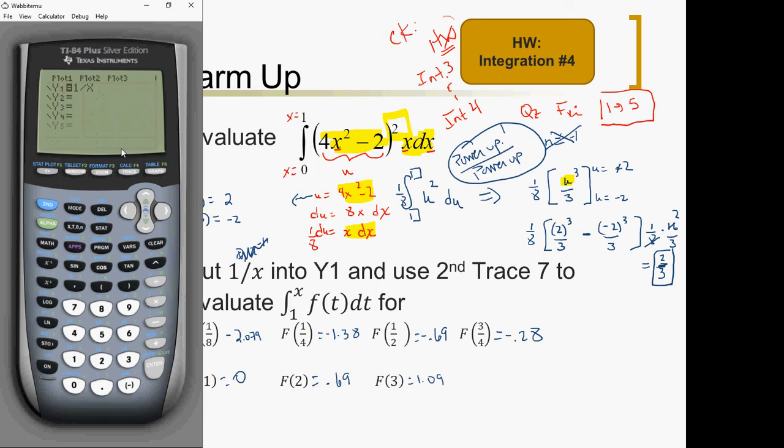And let me turn on my plots, and hit zoom 9. Now there is 1 over x. Let me go ahead and turn that off.